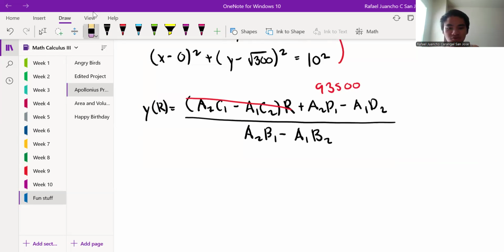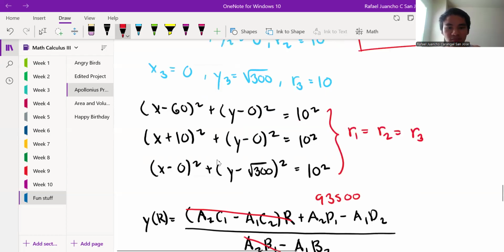And then my A2 B1 is 60 times 0, so that's nothing. And then my A1 B2, well, oh my goodness, I actually got a weird number. This is 70 times some decimal. Okay, let me just quickly solve it. This is 70. B2 is, what was my B2? Y1 minus Y3. What's my Y1?